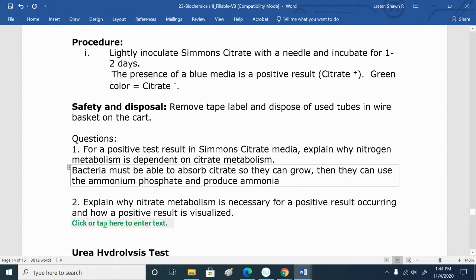So does that make sense? And then why is nitrate metabolism necessary for a positive result?